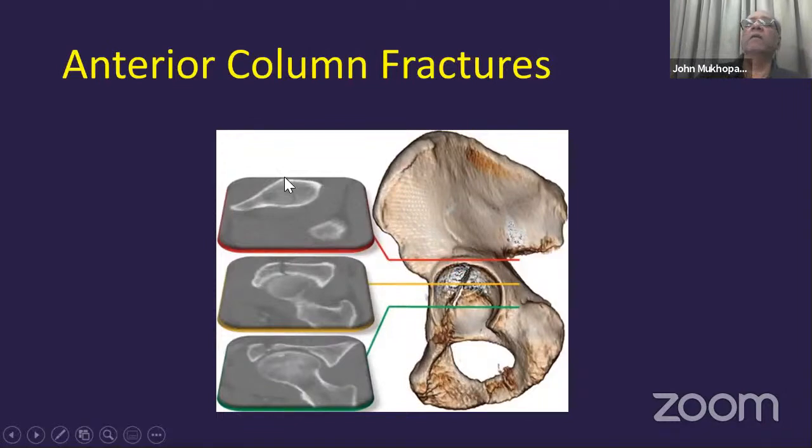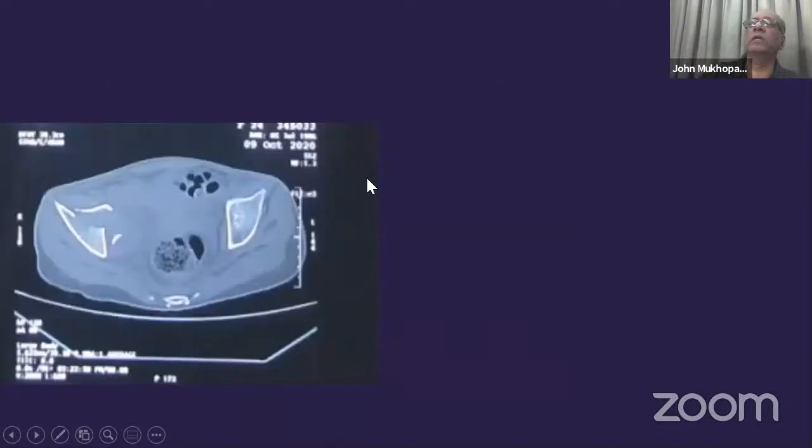You can see the vertical lines there, and you can see that it affects this area. So a section just above this area should show you where this fracture line comes out in the anterior column. The next section is to show you in a case that we had. So this is the level that you would have it. You can see how the anterior column is involved in there.